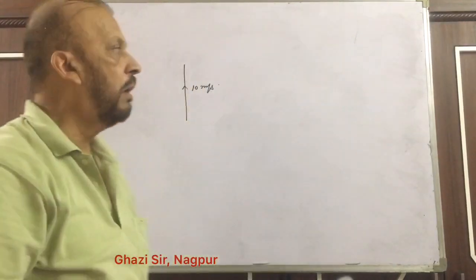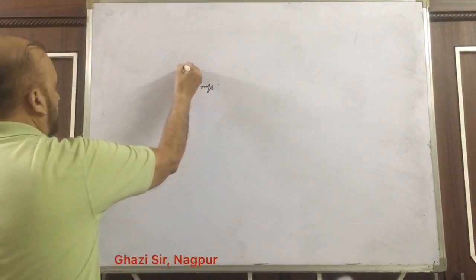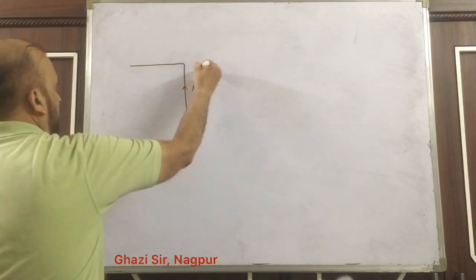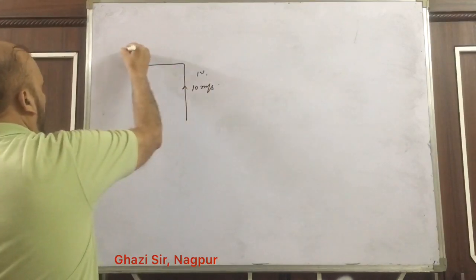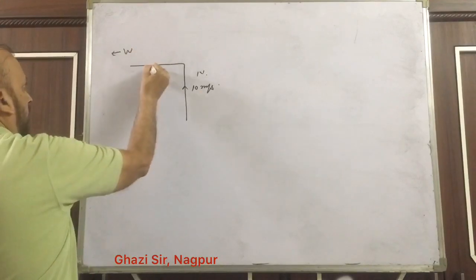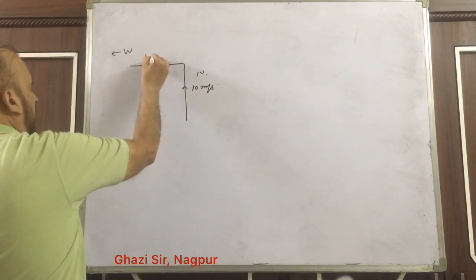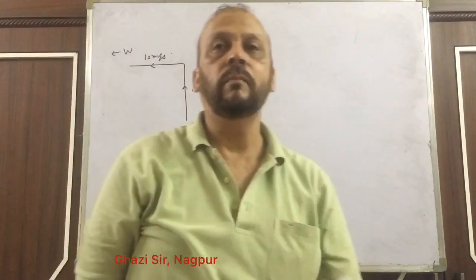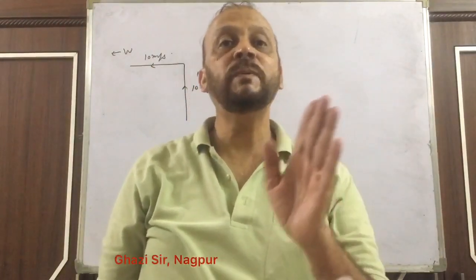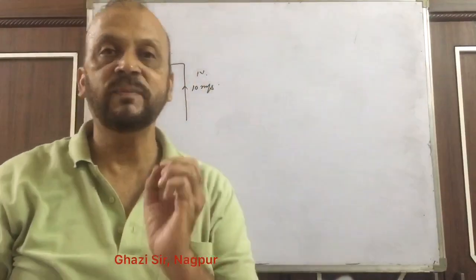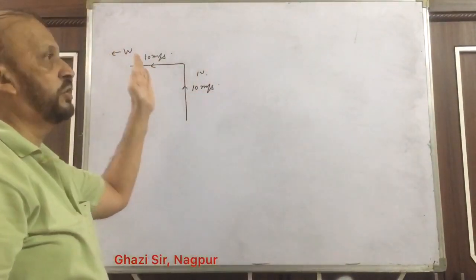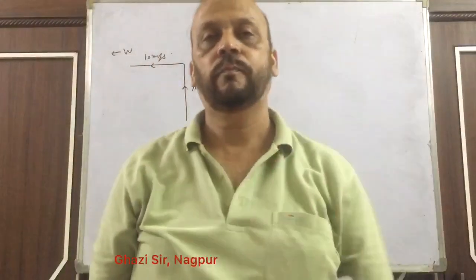Now he takes a turn towards the left, say towards the west. This was the north direction, now this is the west direction, with the same speed, 10 meter per second. There is no change in speed this time, but direction has been changed, that means velocity has been changed.